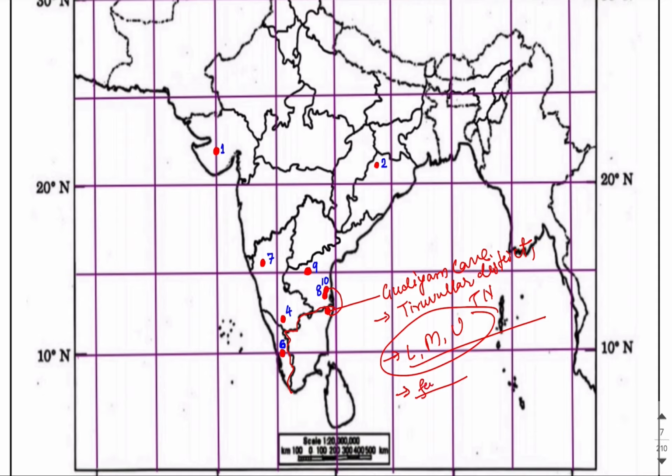So it shows that the habitation at this place was for a very short period of time, right? So that was for this tenth site.